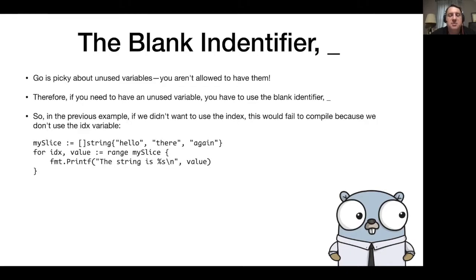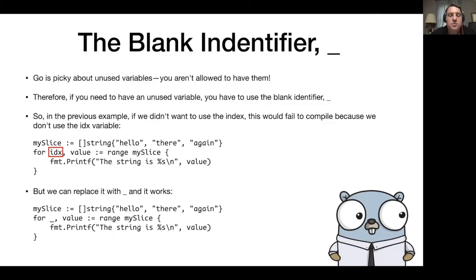So in the previous example, if we didn't want to use the index and we use the same for loop and we just didn't use the index, it would actually give you an error. So that guy right there would say, no, that's an error. Go would say, you're not using IDX, so this is invalid. So what we'll do is we'll replace IDX with an underscore, and then it works.